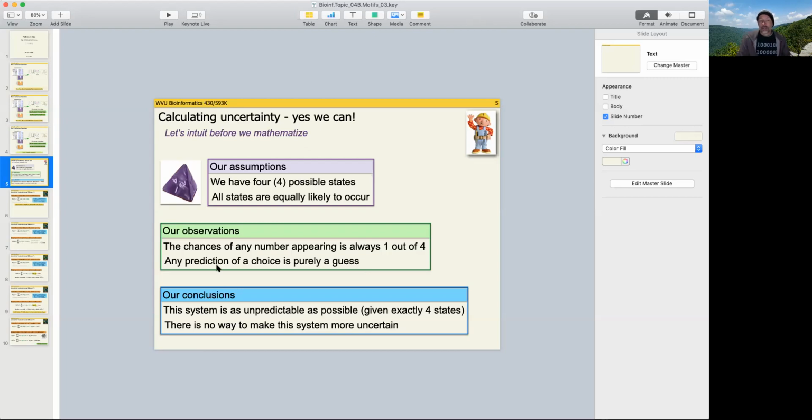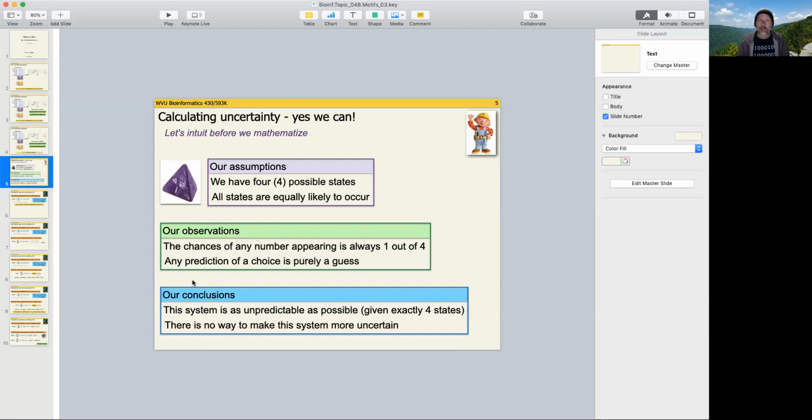Another observation is that any prediction of a choice is purely a guess. If I'm trying to predict what number you're going to roll before you roll it, there is nothing in this system that allows me to say, one way or the other, that this number is more likely to occur than any other number. So we can conclude from this simple system that it is as unpredictable as possible.